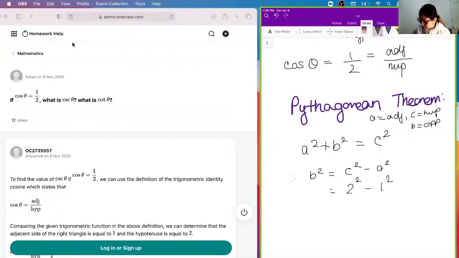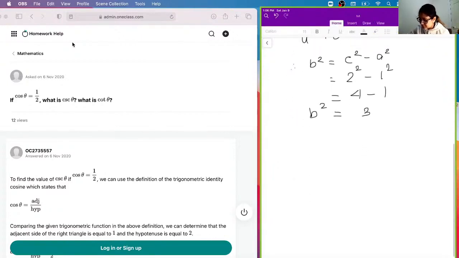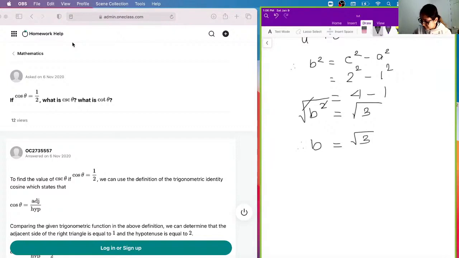So 2 squared is 4, minus 1 squared is 1, and you have b squared is equal to 3. However, we're trying to find b, not b squared, so we square root both sides, and you get b is equal to square root of 3.